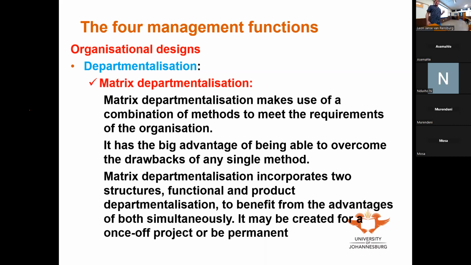Matrix departmentalization is like a table. It's got your columns. The columns could be finance, all the functions, or whatever organizational design we have already mentioned, could be geographic or whatever.